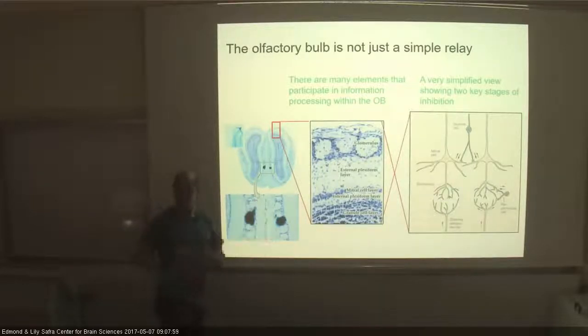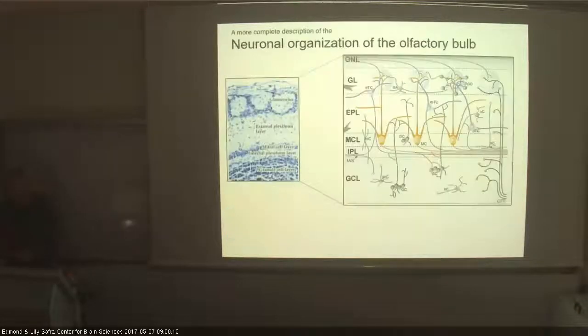You don't know yet. They reach other regions in the brain, like the olfactory cortex. And there are two interneuron types which I mentioned: the granule cells right here, and the periglomerular cells. So this is the basic diagram of the wiring in the olfactory bulb.